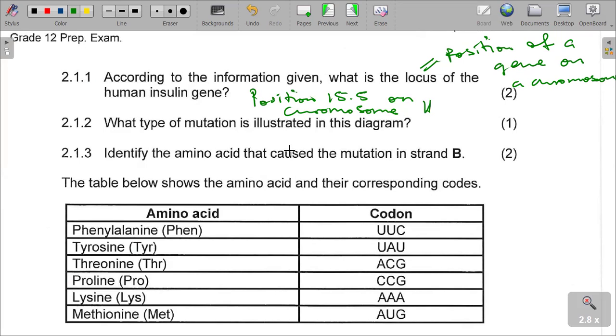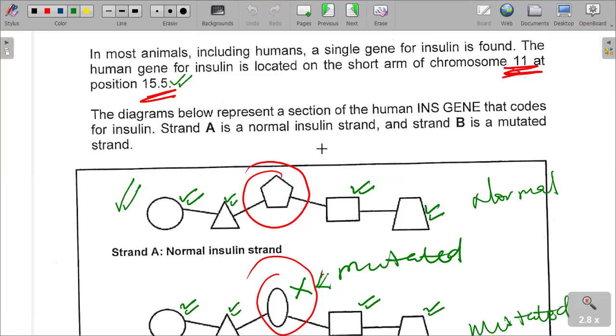What type of mutation is illustrated in the diagram? If we check on our diagram, as you can see, this is a gene mutation. The diagram represents a section of a human insulin gene that codes for insulin.